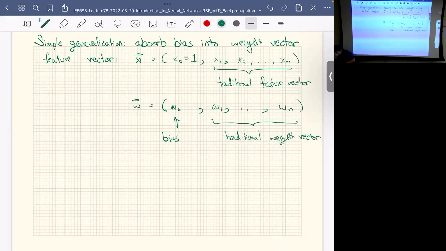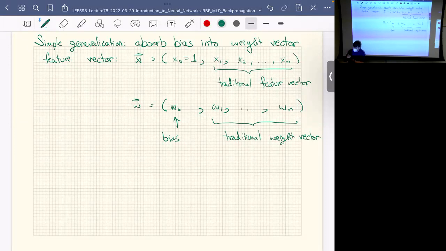And then from there, now all I really care about is whether the dot product is greater than or equal to 0. So with here, my activation function will be that. So remember, my activation function is the Heaviside step function.